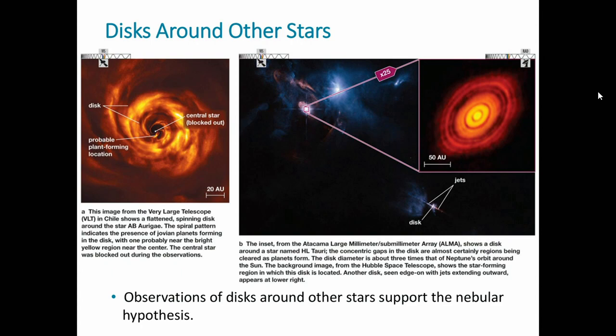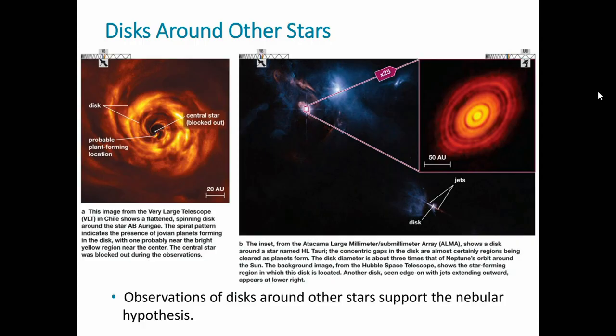Now that the bright star in the center is blocked out, you can see the gas cloud around that star. And we think this little region here is a planet forming around this star from the gas that's left over from the nebula that the star is forming from.